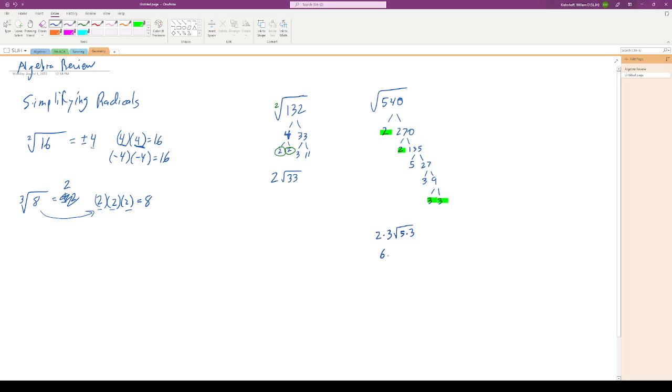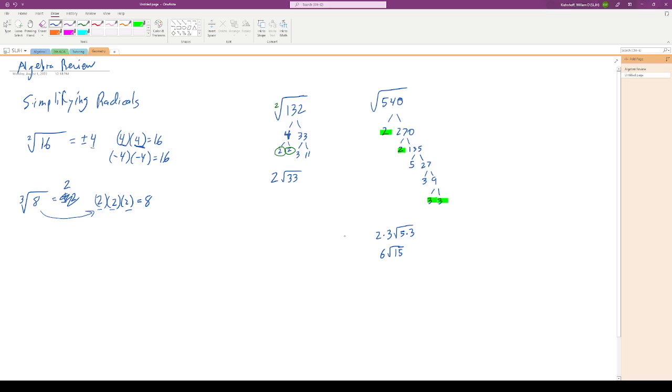So 2 times 3 is 6, and 5 times 3 is 15. If we went to a calculator, we would see that the square root of 540 is whatever number that is, I'm not sure, 20-something. And then 6 times the square root of 15. Those mean the same number if we turn it into a decimal. So the two numbers we're talking about here are the same thing.